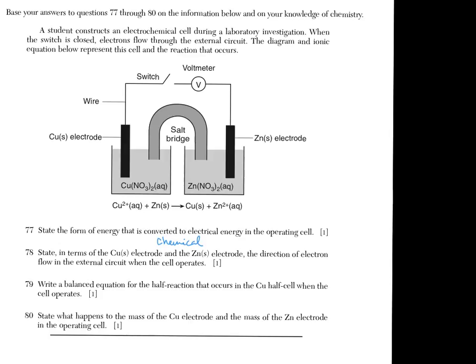All right, 78. State in terms of the electrodes the direction of electron flow in the external circuit when the cell operates. First of all, which one's the anode and which one's the cathode? We can look at our redox reaction over here and identify which one's oxidizing and which one's reducing.